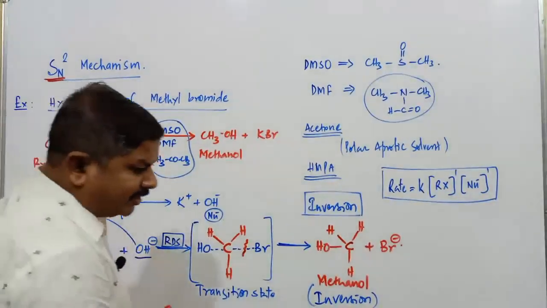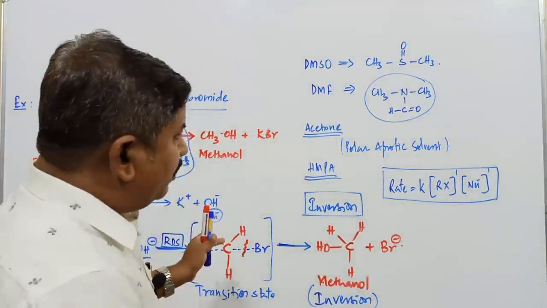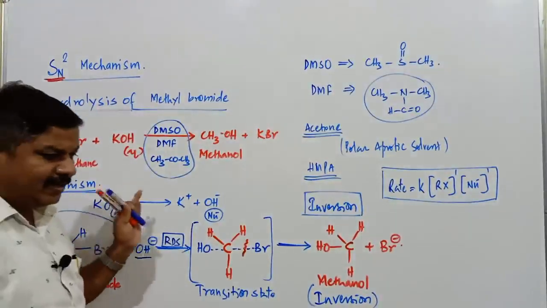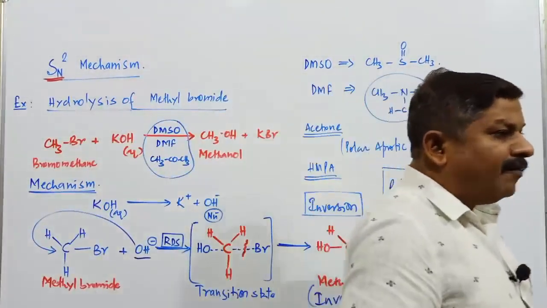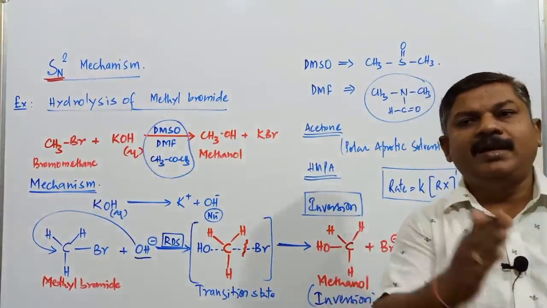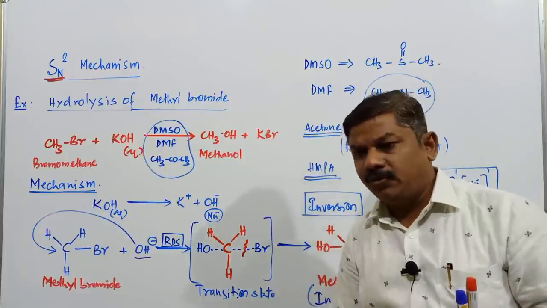Let us discuss some of the characteristics related to this SN2 mechanism. Already we have completed the characteristics related to the SN1 mechanism. Now we will discuss some of the important points related to the SN2 mechanism. After discussion of the characteristics of the SN2 mechanism, you will get the exact difference between the SN1 mechanism as well as the SN2 mechanism.